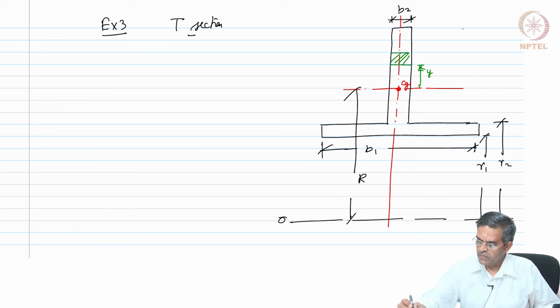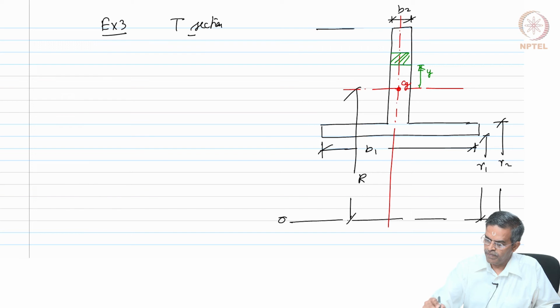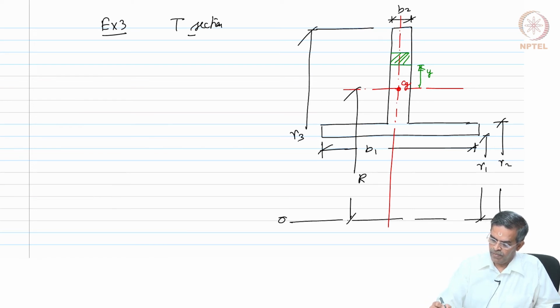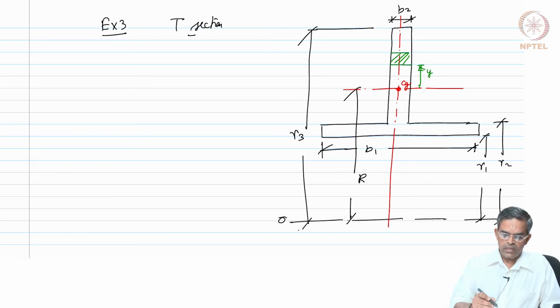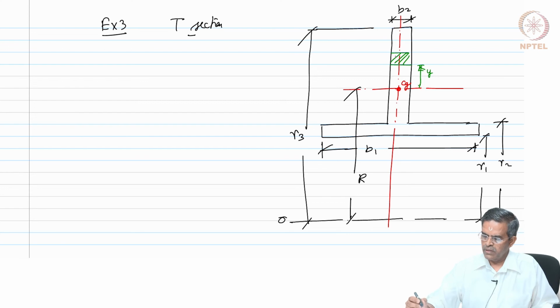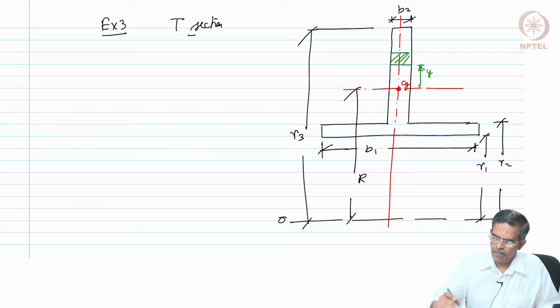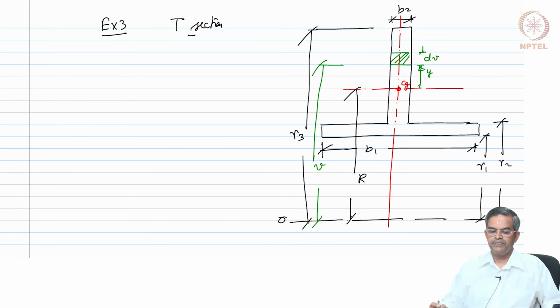We call this as R3. Okay. Now, let us cut a section. Let us say this is my dA and this is at a distance v from the plane of reference.